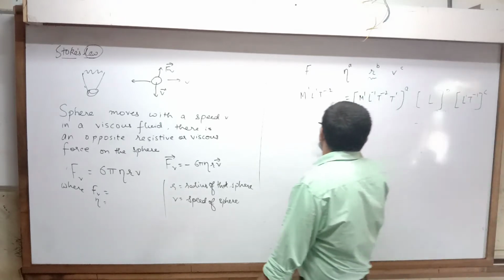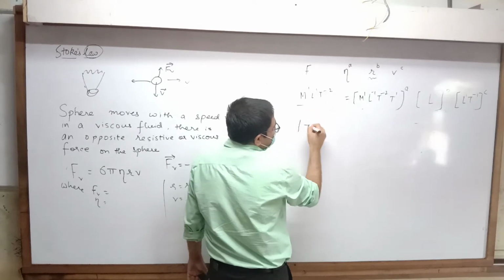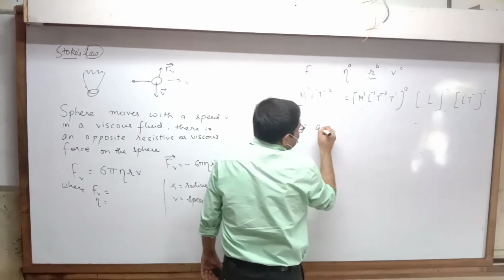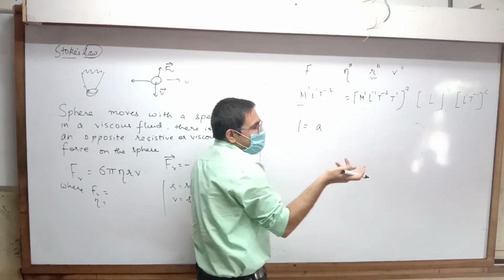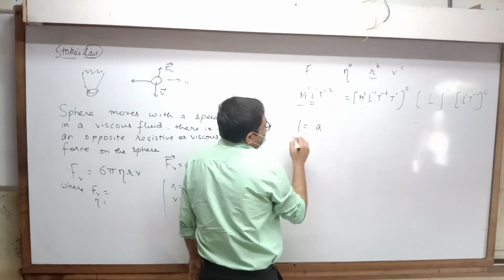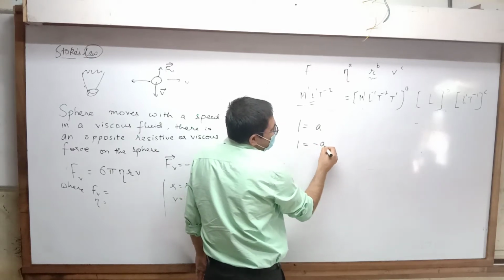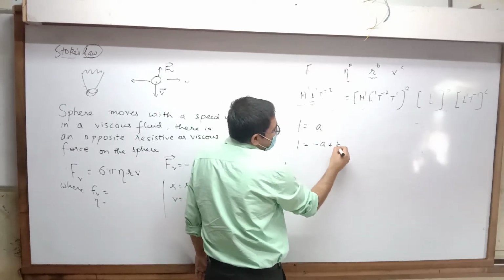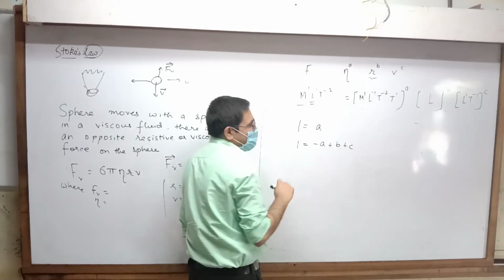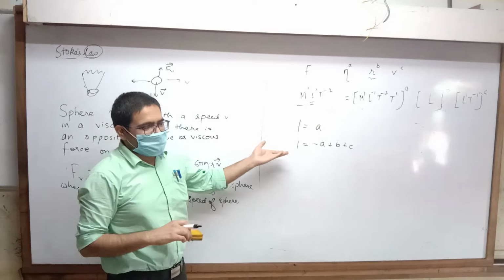Three equations: compare the power of M, so 1 is equal to 1 into a, that is a. Compare powers of L, now 1 is equal to minus a plus b plus c. I hope you all remember that when you multiply, the powers get added. One equation is made.